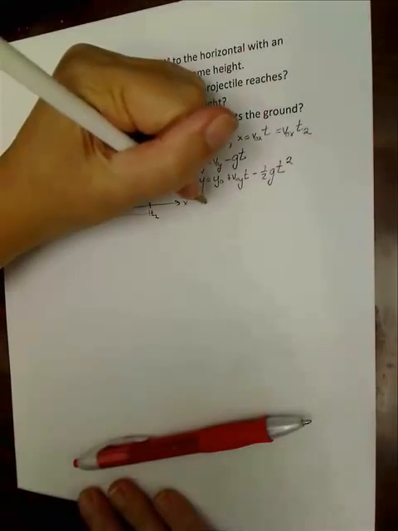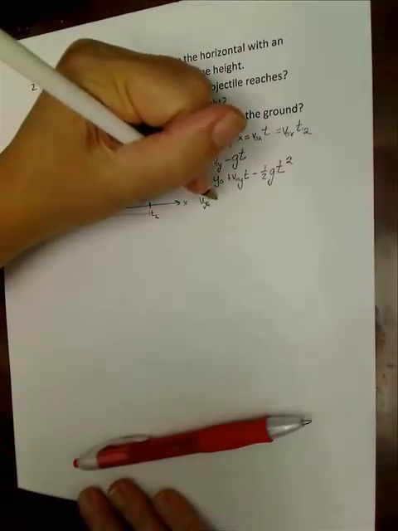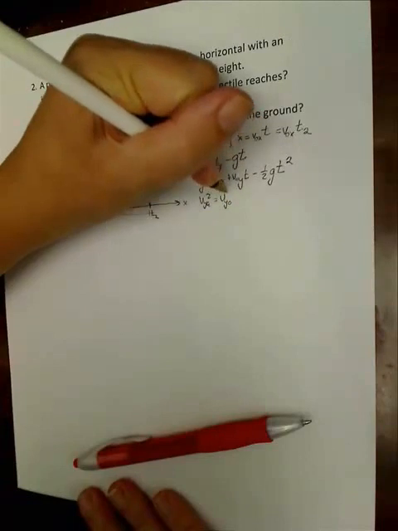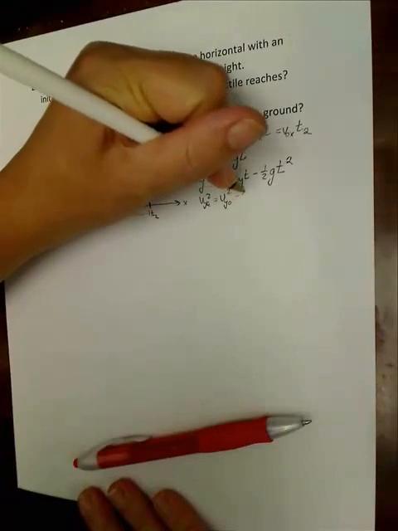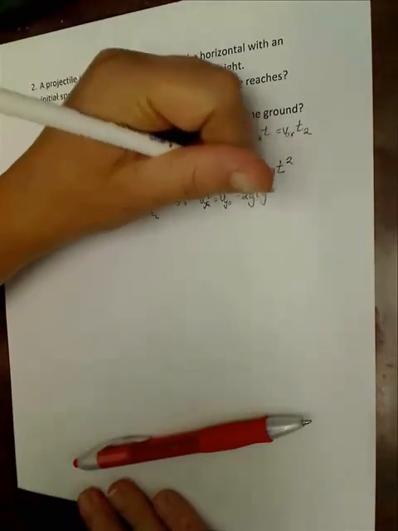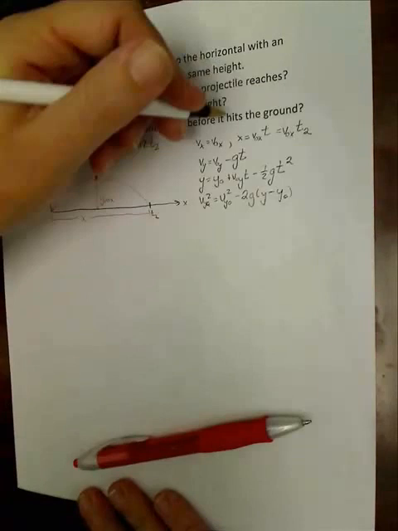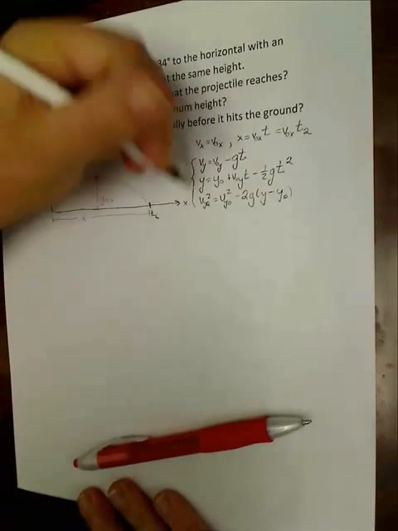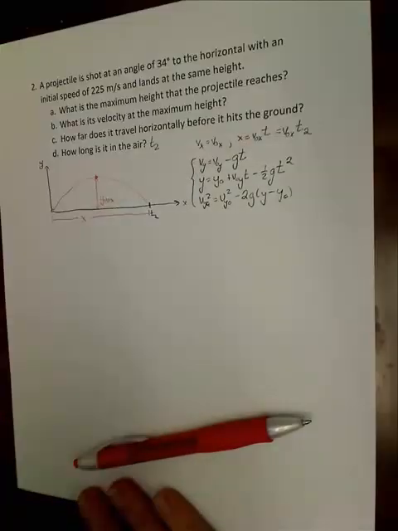And of course we have our Vy squared equals V0y squared minus 2g times (y minus y initial). So we have our standard 3 equations and only one equation for the horizontal.